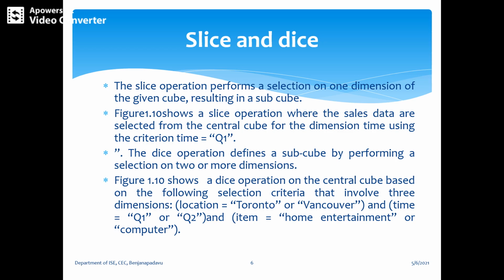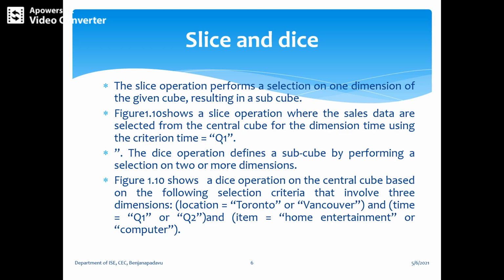Diagrammatically, the figure shows the slice operation, where the sales data are selected from the central cube for the dimension time, using the criterion time equal to Q1. This is a slice operation.